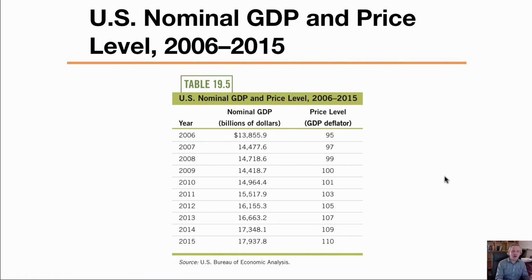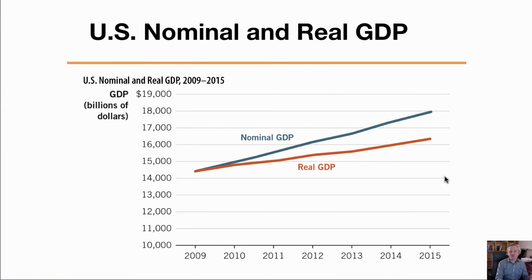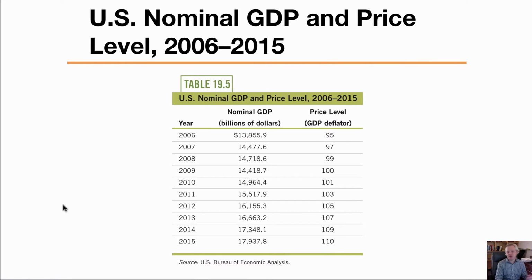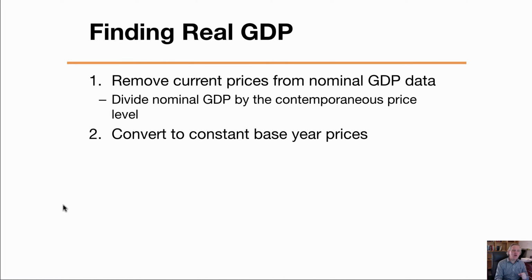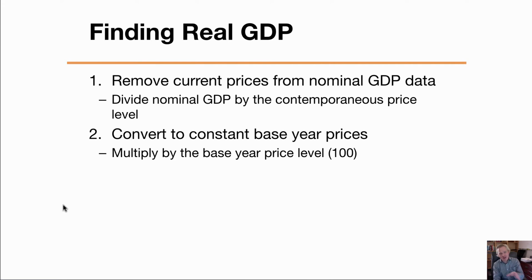This graph here was using 2009, the first year in the series, as the base year to deflate the data. It really just depends on your particular question. But we do convert to constant base year prices, and then we multiply by the base year price level times 100.